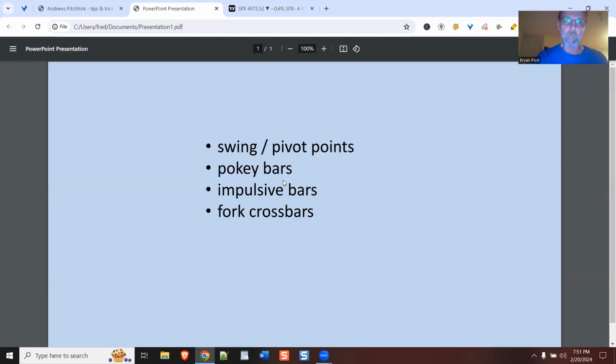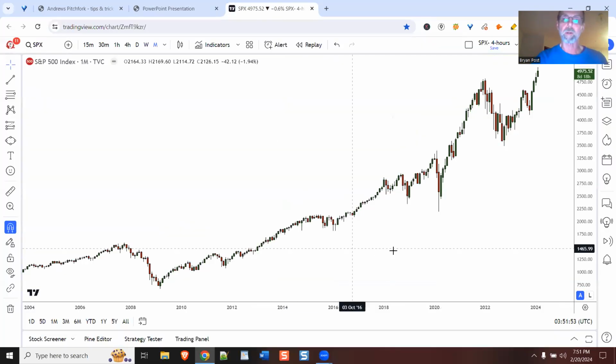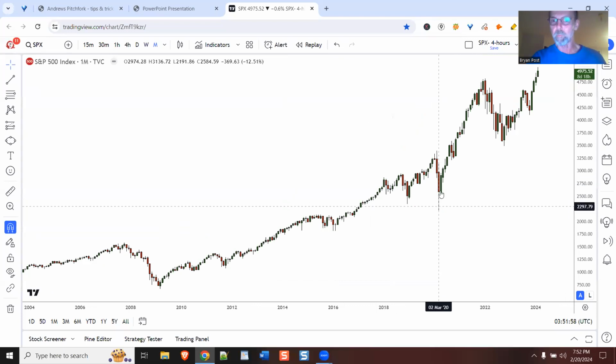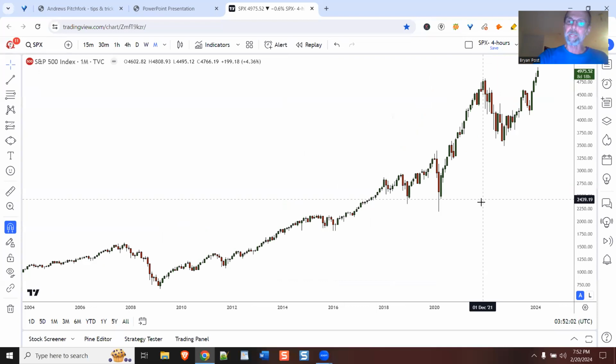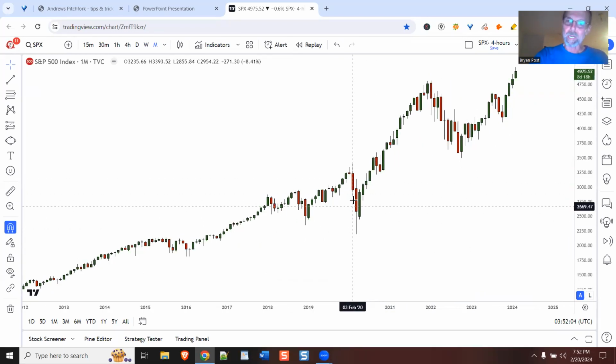Impulsive bars. So we talked about pokey bars. We've talked about impulsive bars. And just for review, a couple of different ways we can identify impulsive bars. Well, one is that you end up with pokey bars. That's an indication of elevated energy. Wide ranging, so a bar that covers a wide price range.